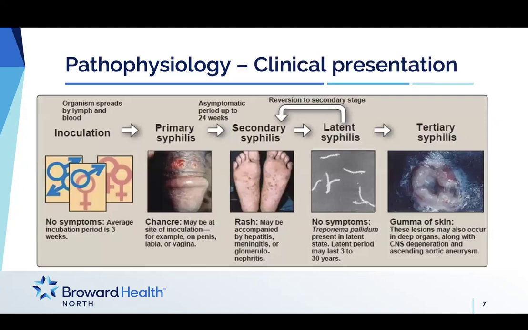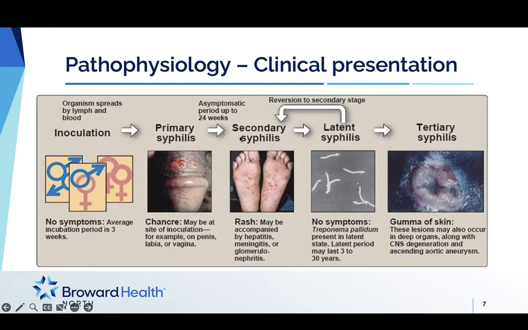In this one, it's just a summary so you guys can have an idea of what happens through all these stages of this infection. So basically you have the inoculation, the organism spreads. Then a period of incubation, 3 weeks, 2 to 10, and then you can have the first primary syphilis sign, the chancre.